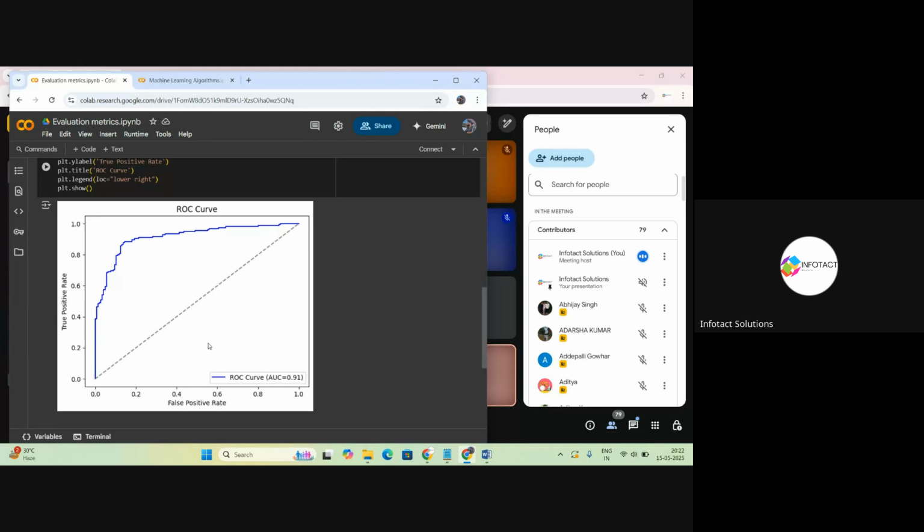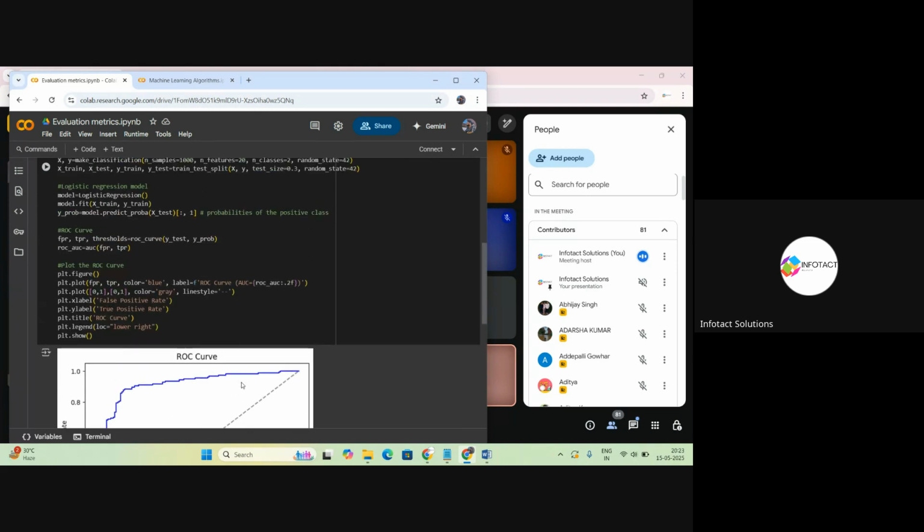Means the AUC value measures how well the model separates the classes. If the AUC value is equal to 1, that is the perfect model. If AUC is equal to 0.5, that is random guessing or a bad model. Okay.